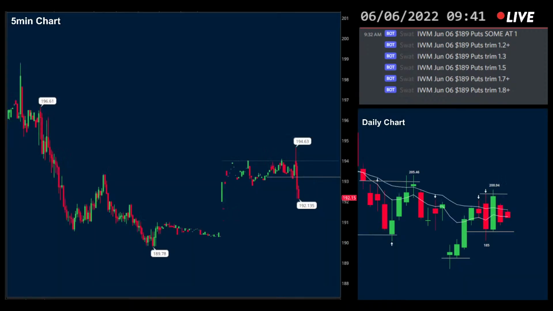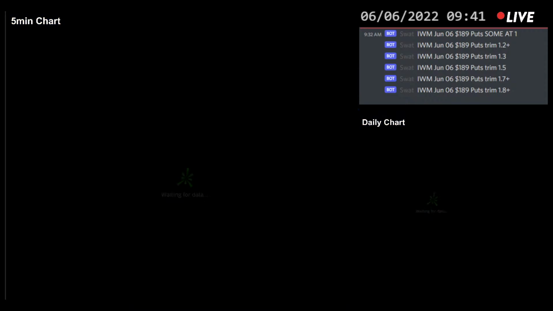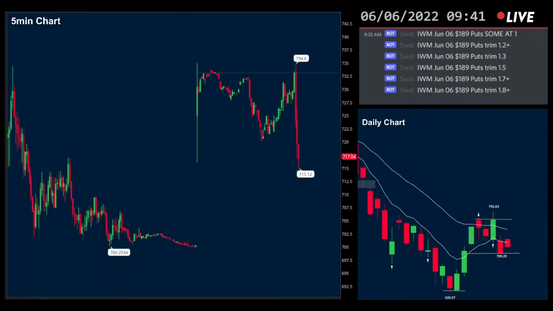Facebook also rejected at 194, new lows on the day. Tesla very ugly. That bear flow on put 700 on Tesla worked well.